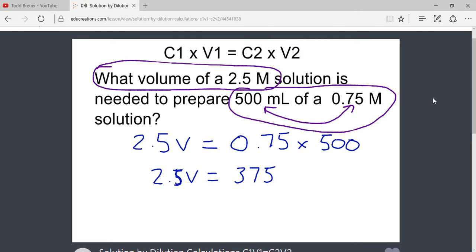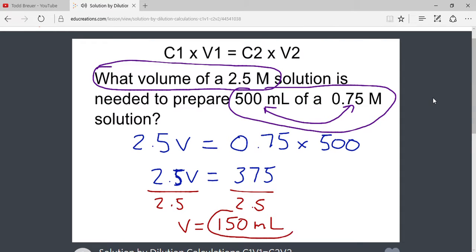We can then isolate V and solve for V by dividing each side by 2.5. 375 divided by 2.5 solves for V, and we would end up with a volume of 150 milliliters necessary to prepare this concentration of solution interested in the problem.